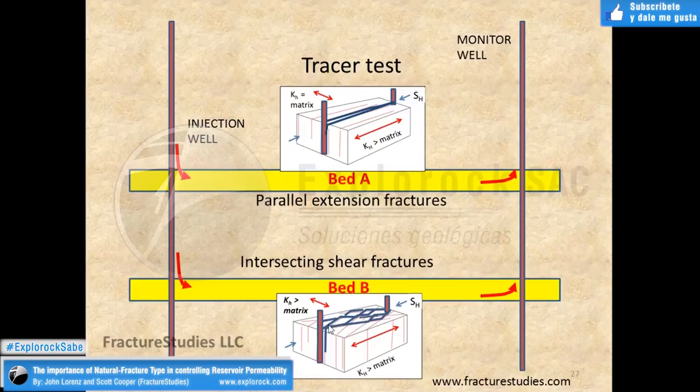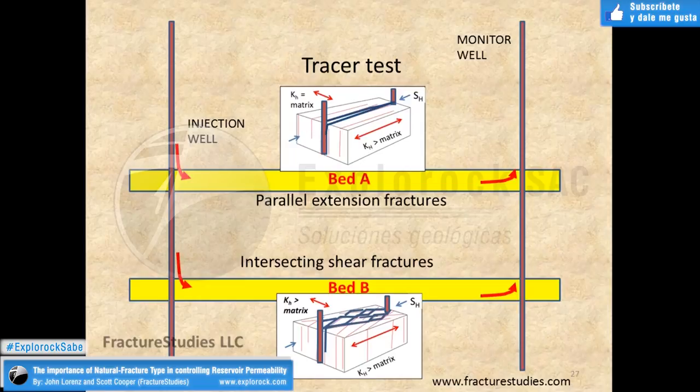It will take longer for the fluids to flow through this system, and I would expect it to take longer for them to sweep out through the fractures. So I would expect a later delivery of the tracer and that the tracer would last a little longer in this lower bed. So what were the results of that tracer test?